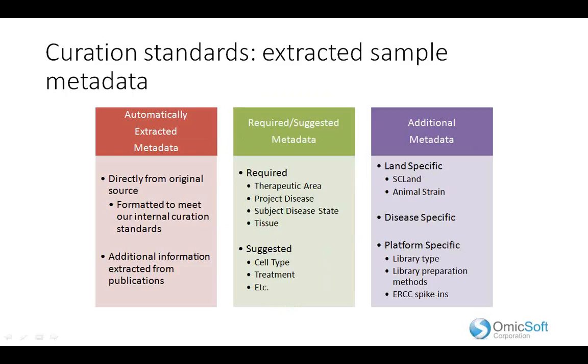There are also some projects which are disease specific, so we will add that as well. And then you have platform specific metadata, for example library type and separation methods.